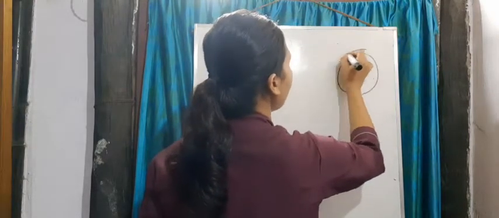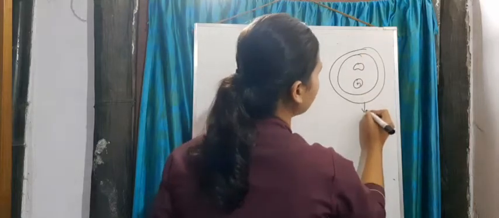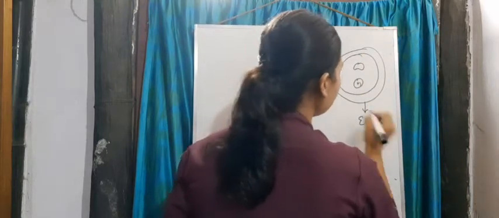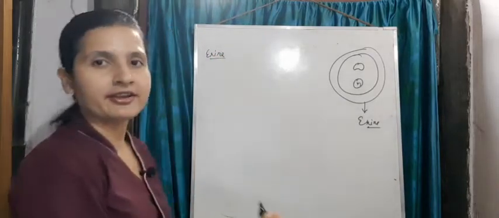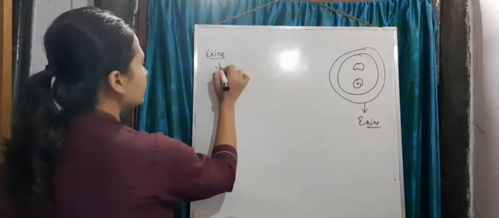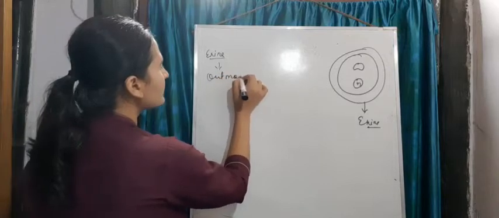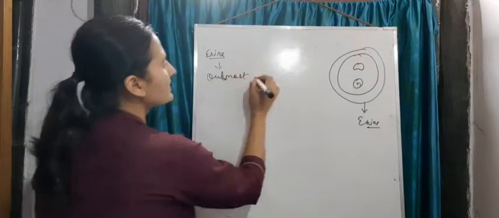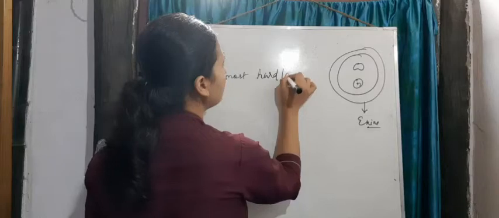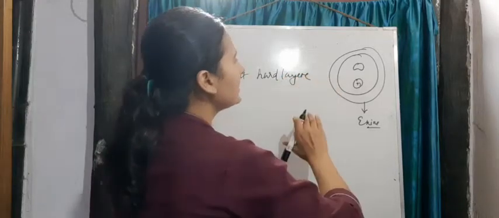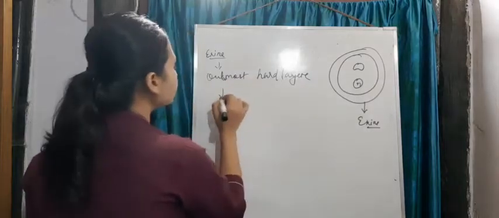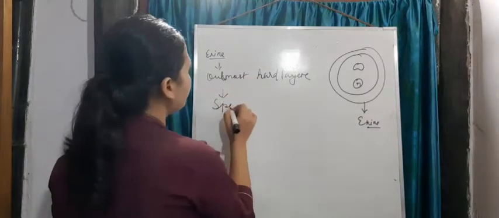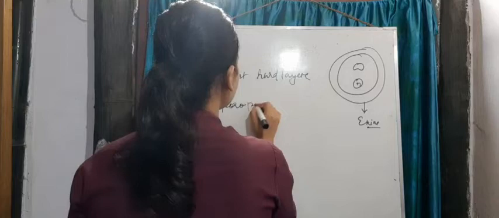Now, it has an outer layer which is called exine. First let us see what is exine, and then we'll move to the other layer, one by one. Exine is the outermost hard layer, present at the outside, and it is made up of sporopollenin.